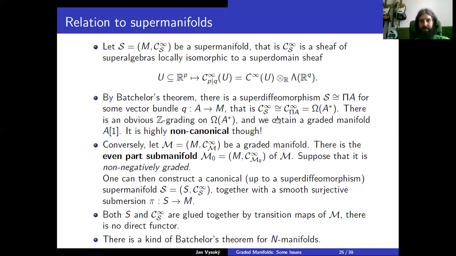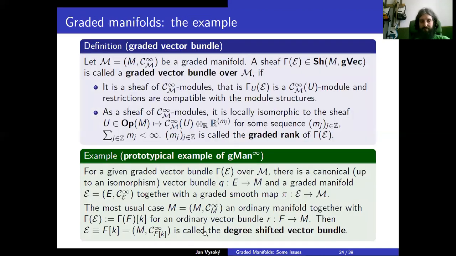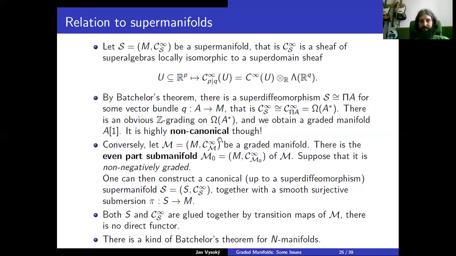And there is an obvious Z grading on this algebra, which makes it into a graded manifold. This graded manifold is in fact exactly this A[1], the degree shifted vector bundle by 1. But this construction is highly non-canonical, meaning that this A is not determined canonically. There is no functor which takes a supermanifold to a unique vector bundle. So this is not really a canonical correspondence.